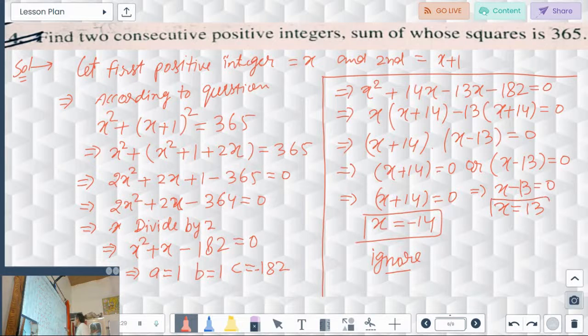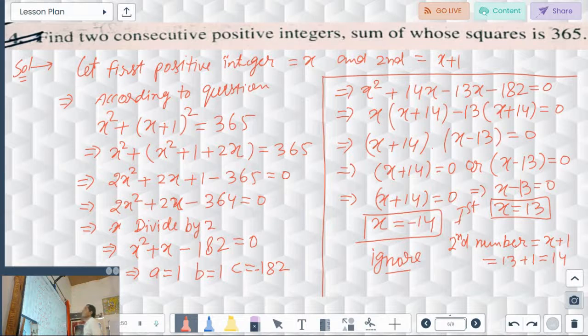So the first number is 13 and the second number is x plus 1, so 13 plus 1 equal to 14.